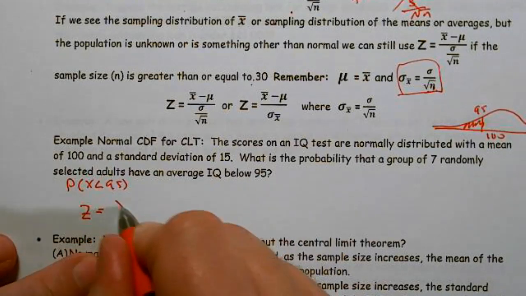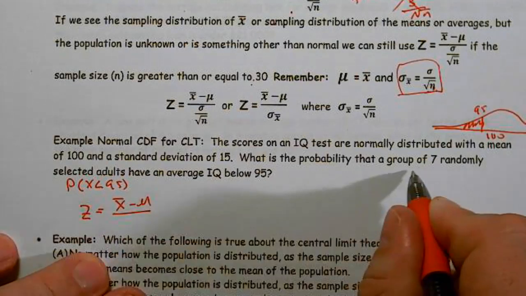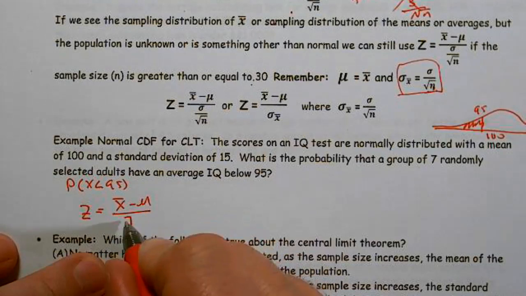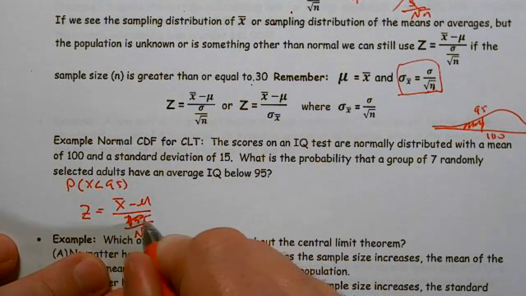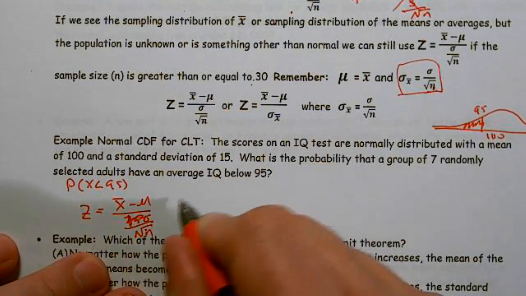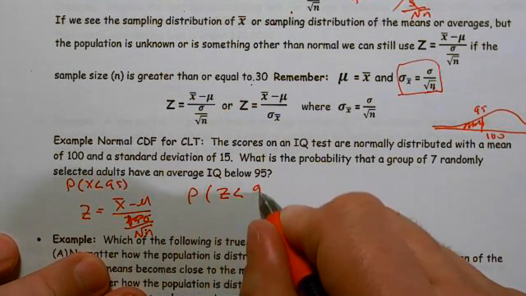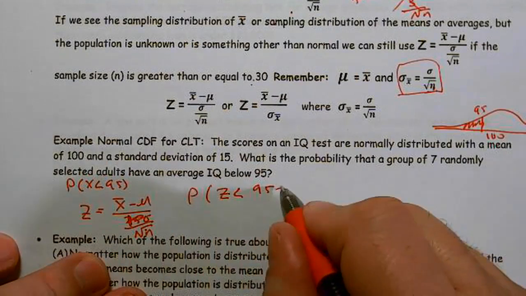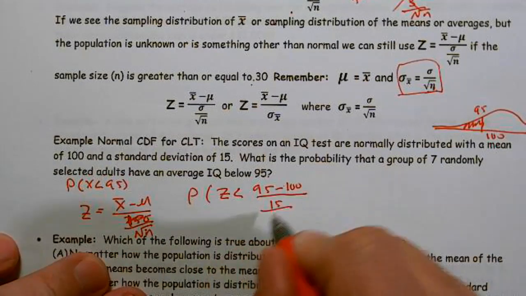Z equals X bar minus mean, over standard deviation of 15 divided by the square root of 7. This is standard deviation and this is n. So we're going to look for the probability that Z is less than 95 minus 100 over 15 divided by the square root of 7.